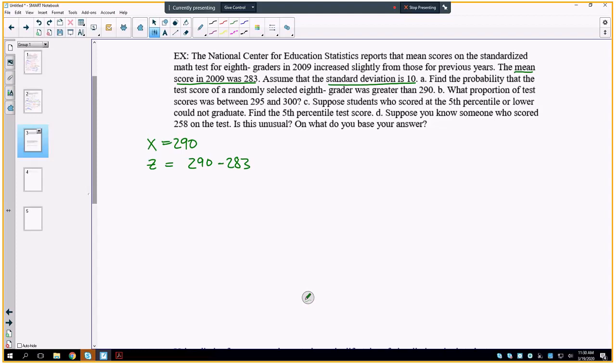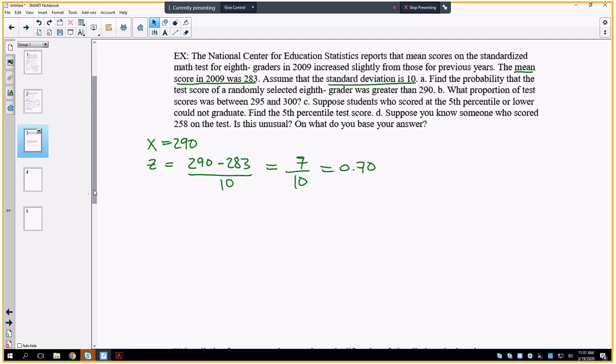And then divide that by the size of one standard deviation, and that's going to tell us how many standard deviations away we are. So we have 7 over 10 equals 0.7. The z value is 0.7. I'm going to use that in the table. That means I'm 7/10 of one standard deviation higher than average if I score 290.